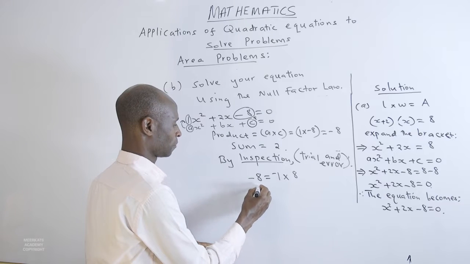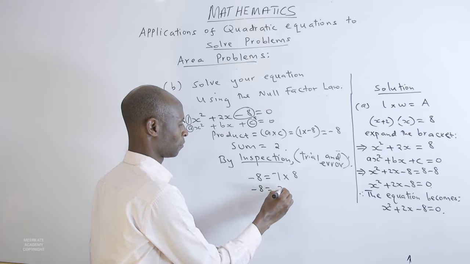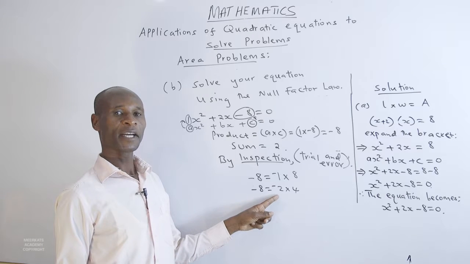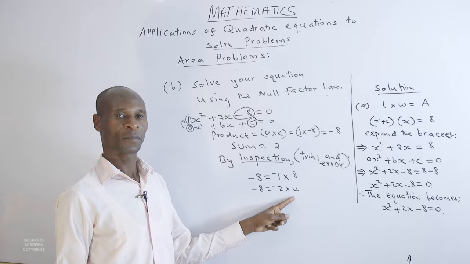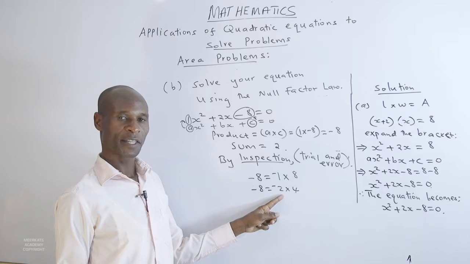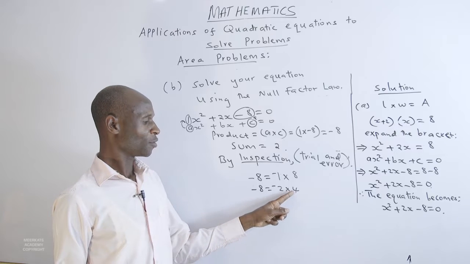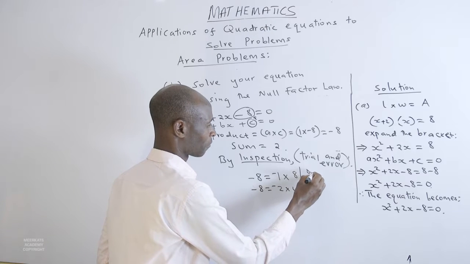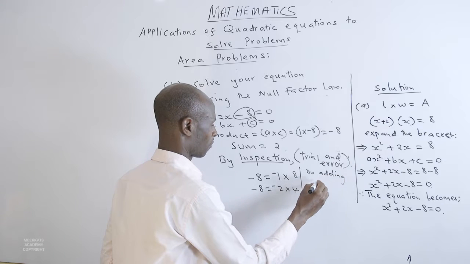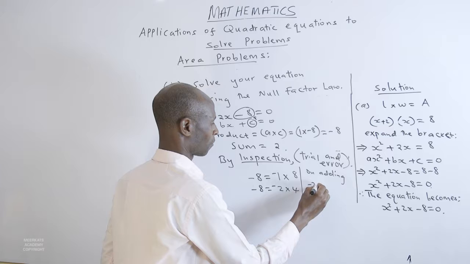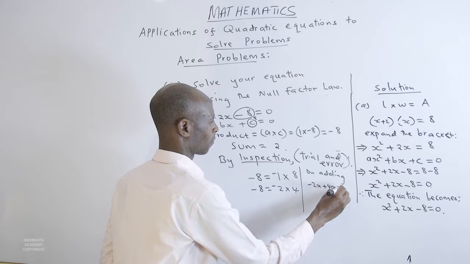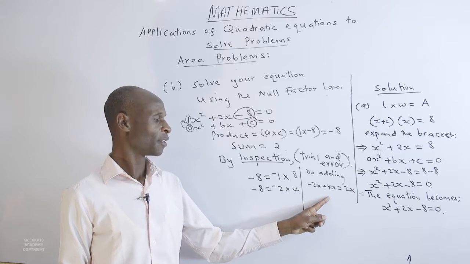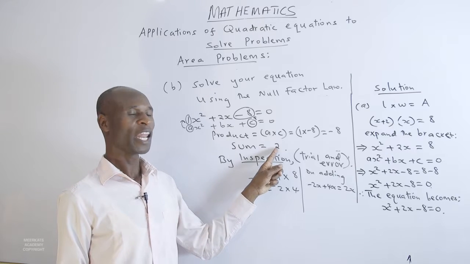Another one. The second one is -2 times 4. You have noticed that when we take -2 times 4, the result is -8. On adding -2x plus 4x gives us +2x, which is in line with the sum.